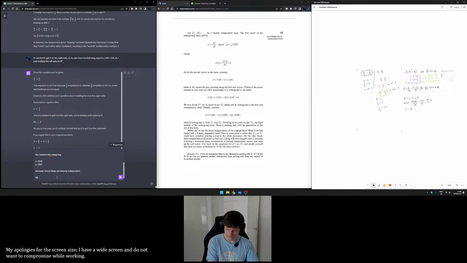And then I added the equations together. A equals 3, 4. I then took the negative reciprocal of this to get an orthogonal vector.